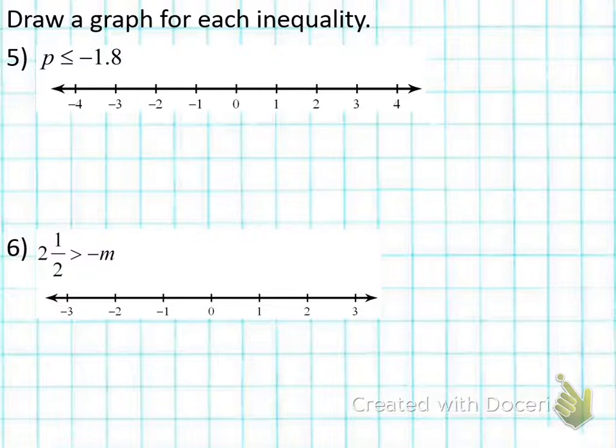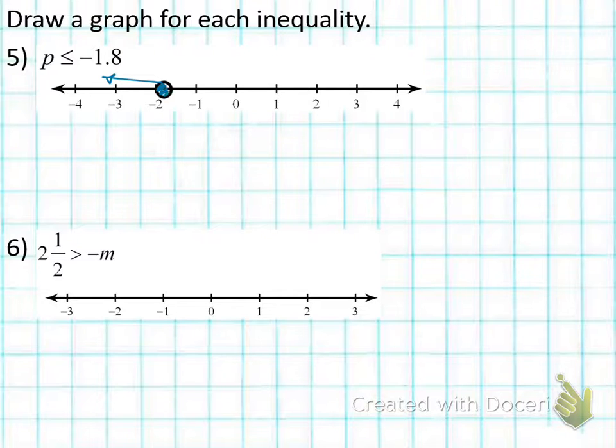Not +1 and 2, but -1 and -2. Okay, so in this one, it's between -1 and -2, like you said. So, is it closer to -1 or -2? Good. You want to have the circle closer to -2. I'm even going to draw even closer there, and it's pointing to the left, right? And then we're going to fill it in.